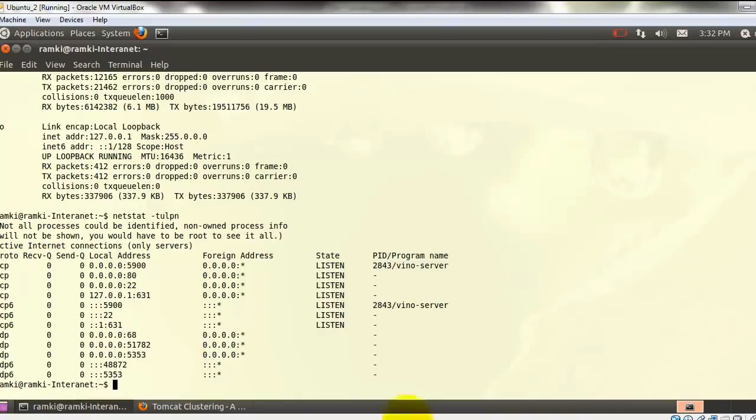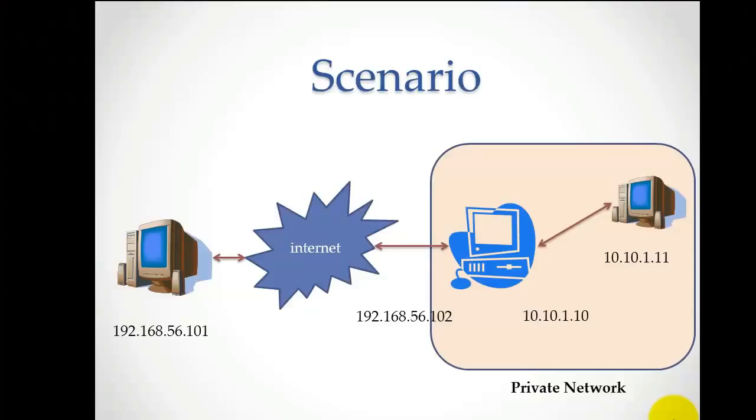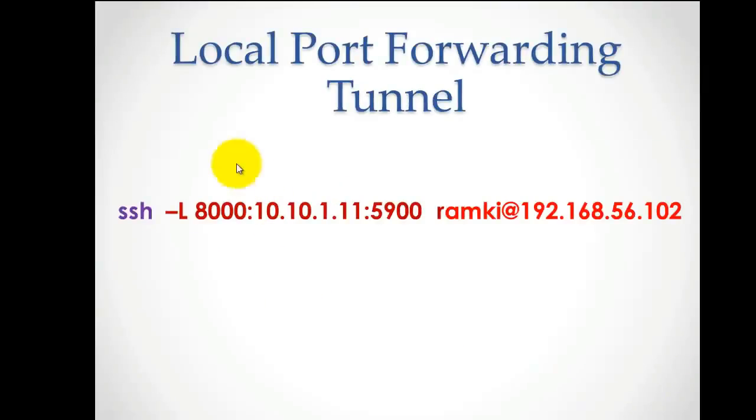So we need to access this particular port. Before that we accessed 80. Now we are going to access 5900. Our line is like this. Through local port forwarding we access it with SSH -L, any port number on the client side, and then our goal is this system's 5900.